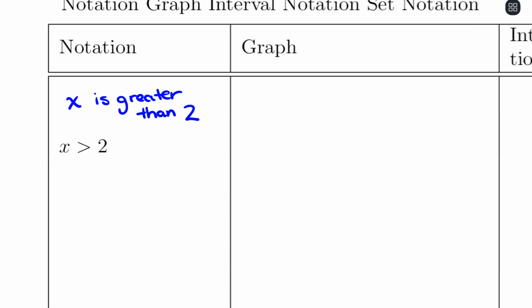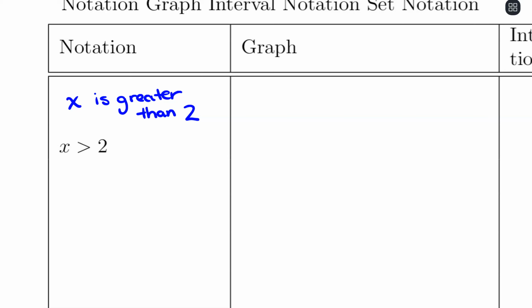Now, if you're having trouble with the direction of which way the inequality is going and you're not sure which is bigger, which is smaller, I always go back to the old trick of the alligator mouth. The inequality symbol looks like a mouth being open, and the mouth is going to open towards the bigger thing.